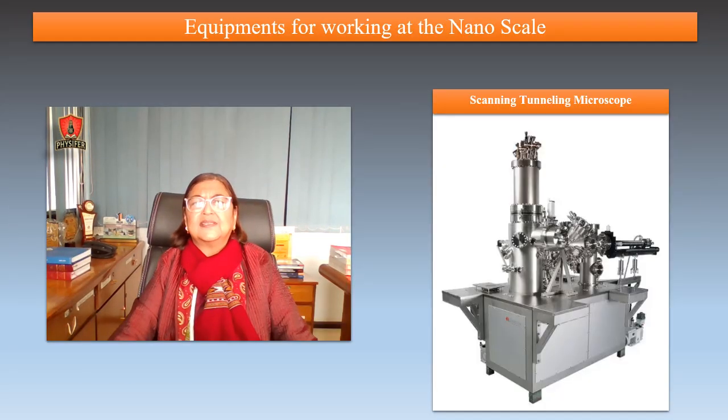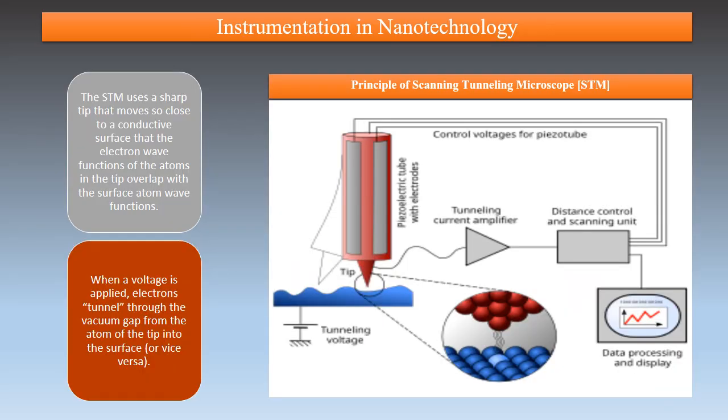There was progress in nanotechnology since the early ideas of Feynman until 1981, when physicists invented a new type of microscope at IBM Zurich Research Laboratory known as the Scanning Tunneling Microscope, STM. STM allows to measure the surface electron density and topography at the atomic scale.